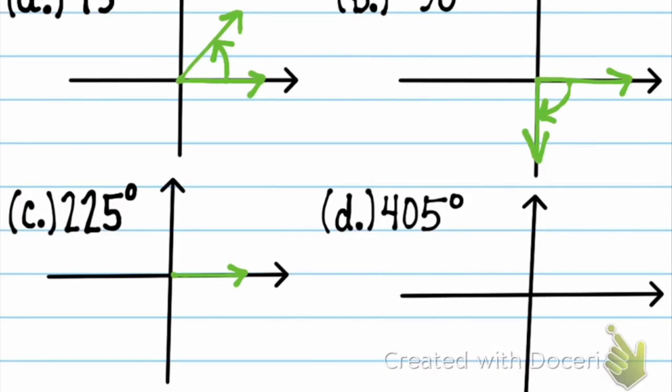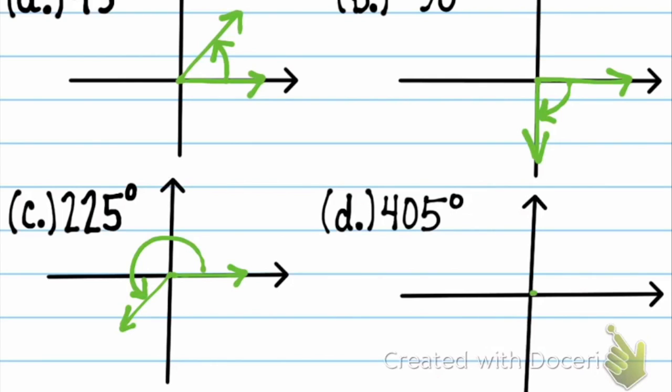How much further do we need to go if we're already at 180 and we need to get to 225 degrees? 225 minus 180 tells us that we need to go 45 more degrees. If we're going 45 more degrees in the counterclockwise direction from the negative x-axis, that will put us right in the middle of quadrant 3.